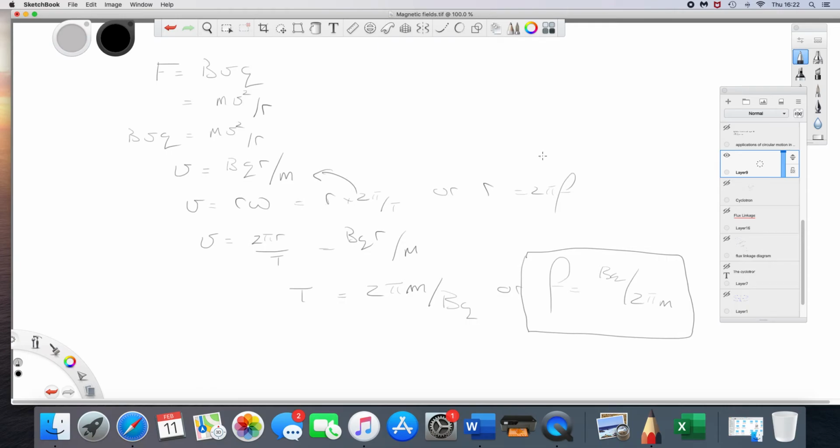And so the supply is changing direction. The particle comes across here, first half cycle, across here, second half cycle.